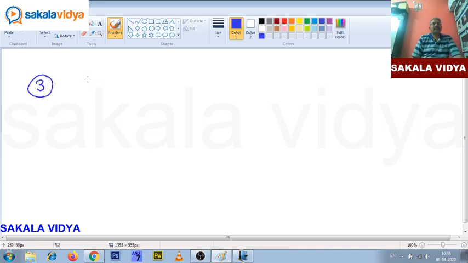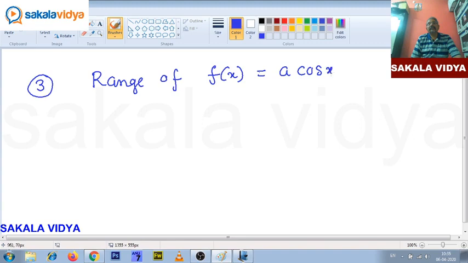Next, the range of f of x is equal to a cos x plus b sin x. Okay, the range of a cos x plus b sin x.